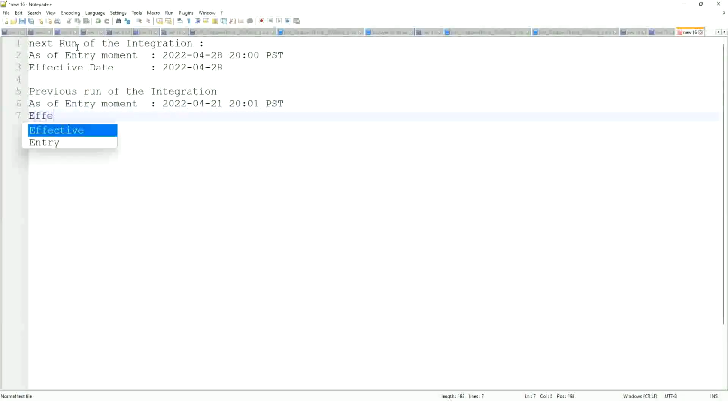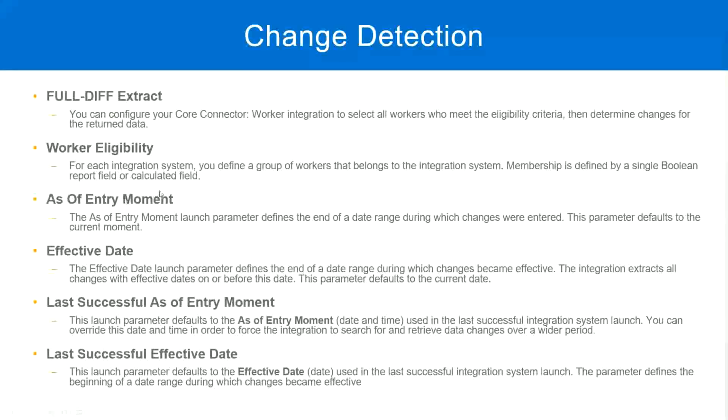And the effective date. The last time the integration ran was also 2022, 0421. Okay, so for the next run of integration, what are the 4 parameters that we are looking for? We are looking at as of entry moment, effective date, last successful as of entry moment, last successful effective date.